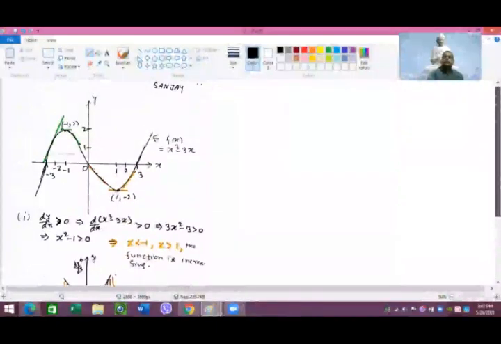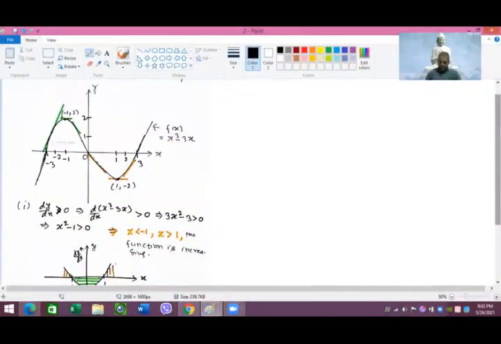So we are concerned with finding in which domain the function is increasing and in which domain it is decreasing. From the same graph, at this point dy/dx is positive, here it is 0 at the extreme point, and this is negative over here. At this point, dy/dx is greater than 0. So below -1, you can see that the curve is increasing.